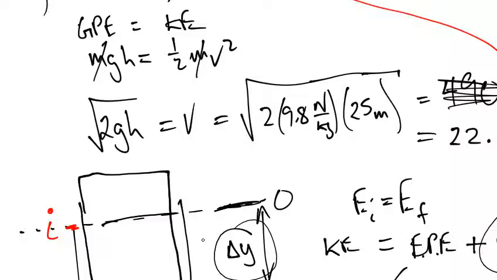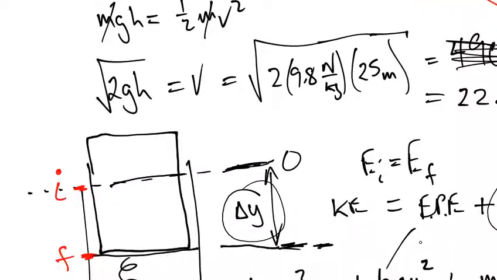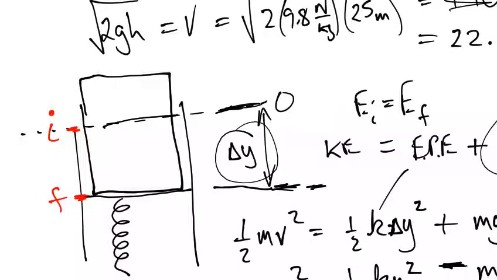And we know that it's going to be a negative distance, but you see what that does here is it makes this negative mgy. And so if we work out what y is, we now have an interesting equation, because we have 1/2 ky squared minus mgy minus 1/2 mv squared equals 0.